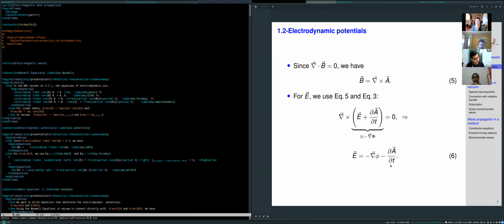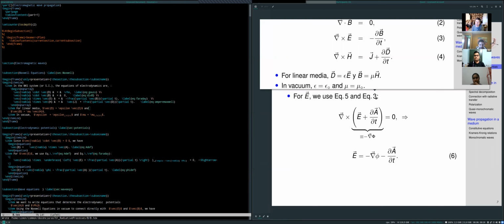So the electrodynamic potentials are similar to the case in electromagnetostatics. We introduced the vector potential this way, and we inject this equation into equation 3, which is the law of induction.